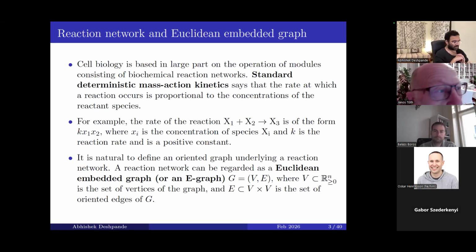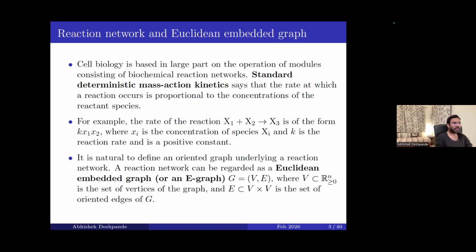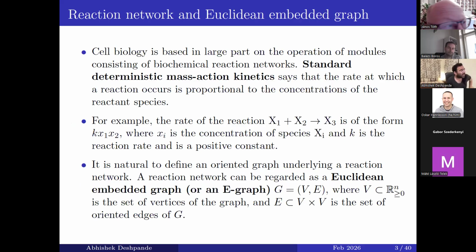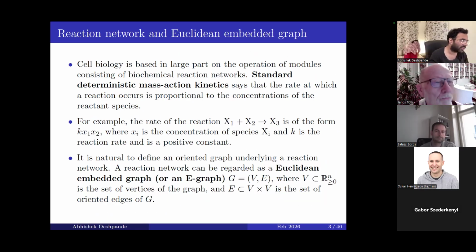So, as many have said before, a cell is a tumultuous environment with many reactions going on together. And standard deterministic mass action kinetics says that the rate at which a reaction occurs is proportional to the product of the concentrations of the reactants, right?